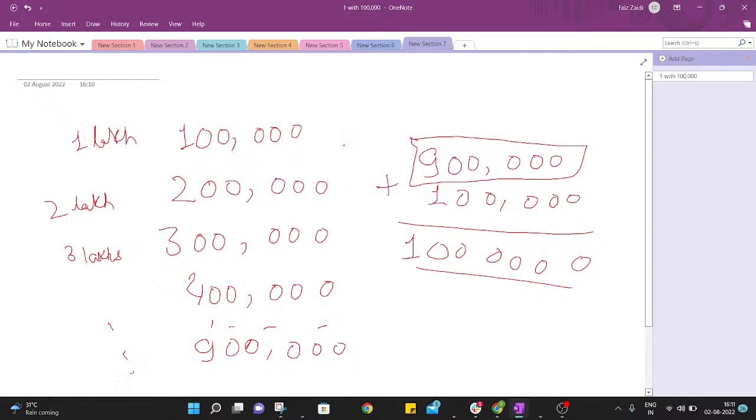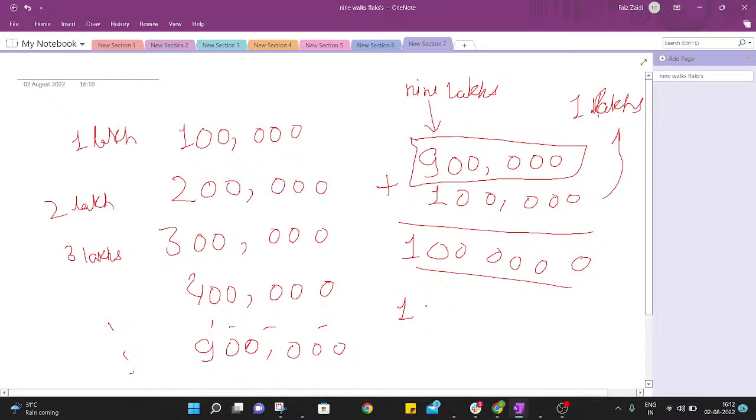This is 9 lakh, this is 1 lakh, sorry about my writing, so this is going to be 10 lakhs. Simple.